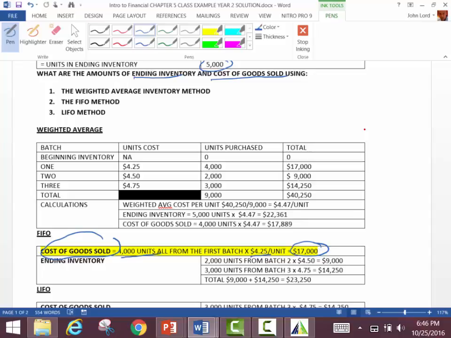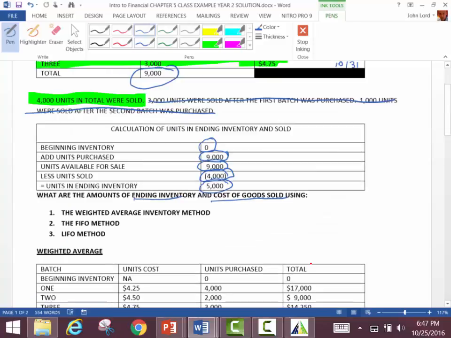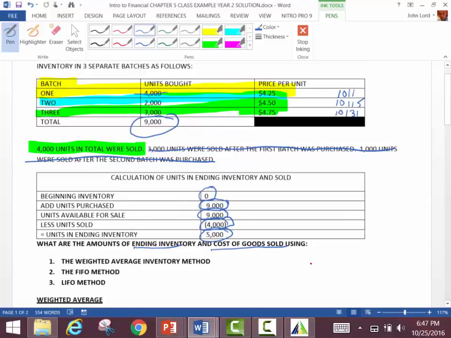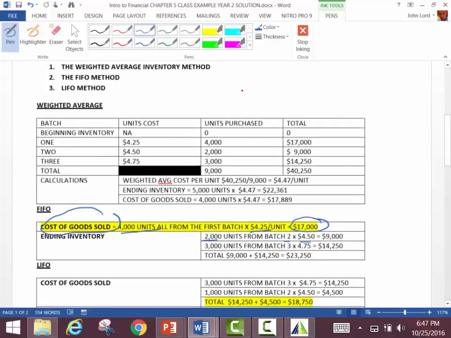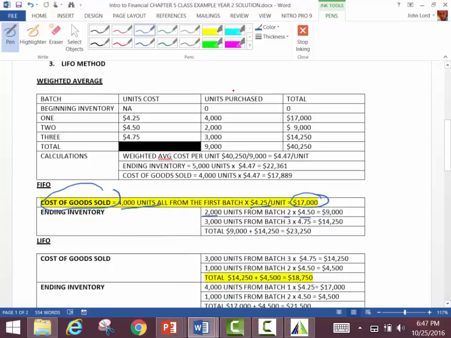Ending inventory: we bought 9, we sold 4, so there's still 5,000 left, isn't there? So when we cost out the 5,000, 2,000 are from batch 2. That's those 450 ones. We bought 2,000 at 450. We extend those out, and that's going to be 9,000, isn't it? And then we need 5,000 units in ending inventory, so the remaining 3,000 are the only ones left at this point.